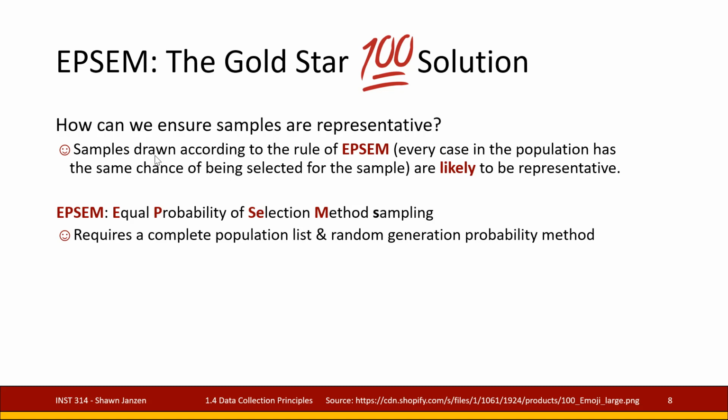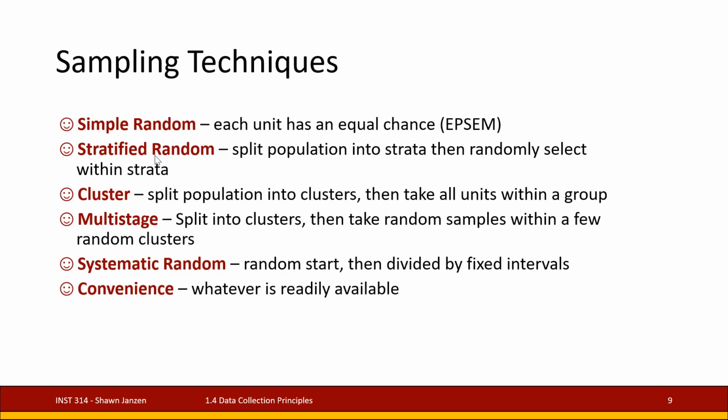Essentially what we're saying is that everybody or everything that is part of the population has an equal chance of being drawn into the sample, and therefore it's likely to be representative, because these equally potentially selected groups have been selected randomly. So equal chances, chosen randomly into the sample. That's the EPSEM. We often call this simple random. That's the shorthand version for the EPSEM.